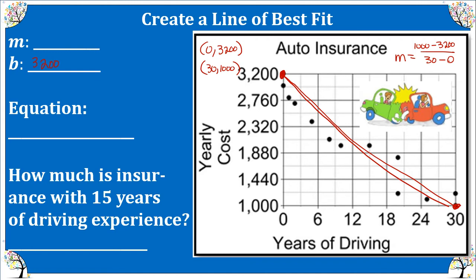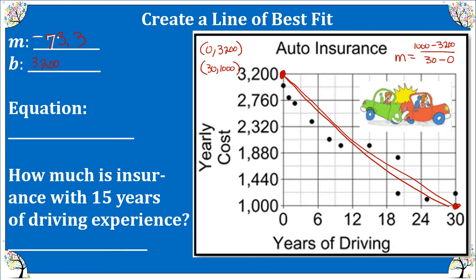And so we see that we are going to have a negative slope, which we should, because our line is sloping down. Our correlation is negative, and I'm going to put it just as a decimal. So I got about negative 73.3.